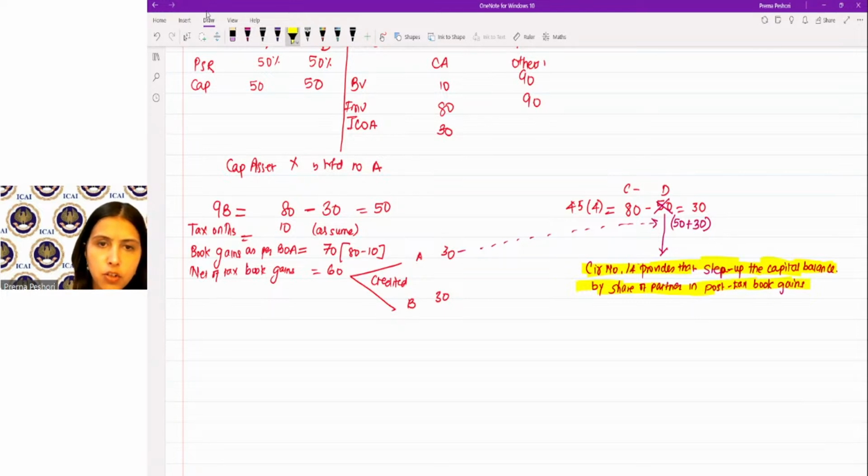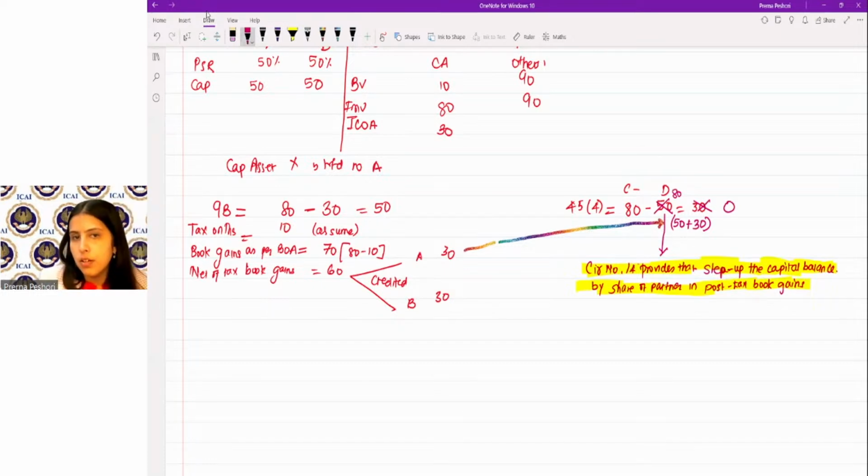So the effect of which will be 80 minus 80 equal to 0. So here there is no double taxation.